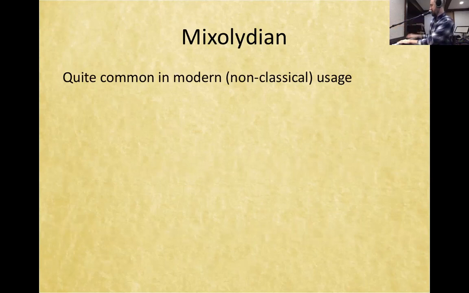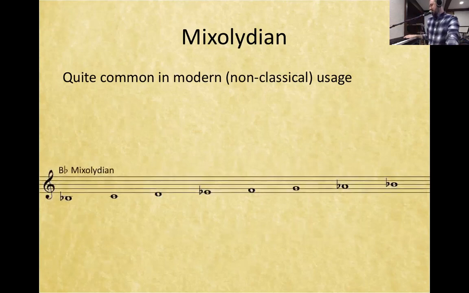You know, anytime you hear that kind of thing, that's in the Mixolydian mode, which is kind of fun. So what is Mixolydian? Let's be in B flat Mixolydian here. Anybody notice which of the notes is different from major?